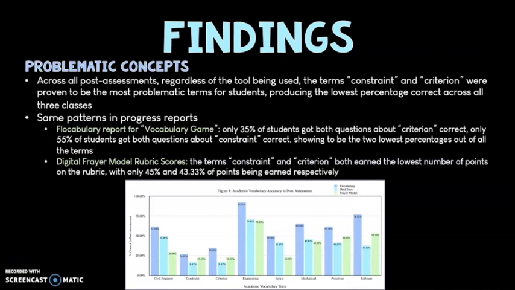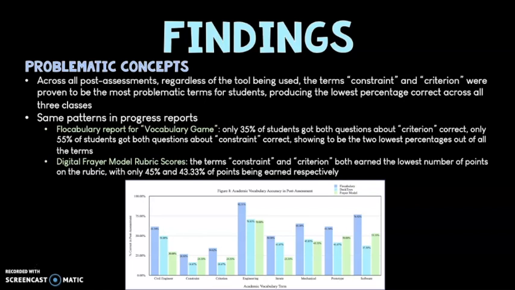The third and final theme that emerged was the concepts that proved to be problematic for all students, regardless of the tool that was used to practice their words. Across all post-assessments, understanding and applying the terms criteria and constraint were consistently the lowest scored questions for all three classes. The same pattern was highlighted in the digital tool progress reports produced by each tool that the students used.